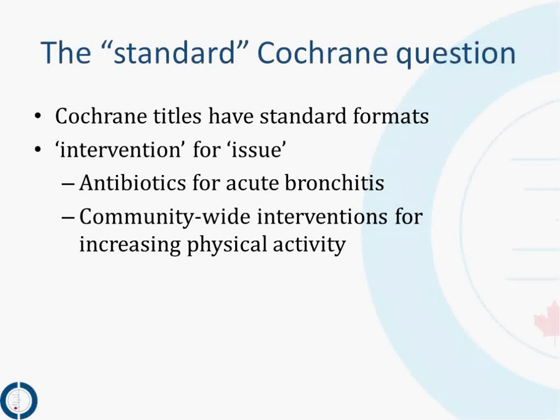For today's presentation, we are going to focus on the Cochrane intervention reviews. That is, those reviews that address efficacy or effectiveness, which usually follow the format intervention for a health problem. For example, antibiotics for acute bronchitis, or community-wide interventions for increasing physical activity. We'll get into this a little more later.